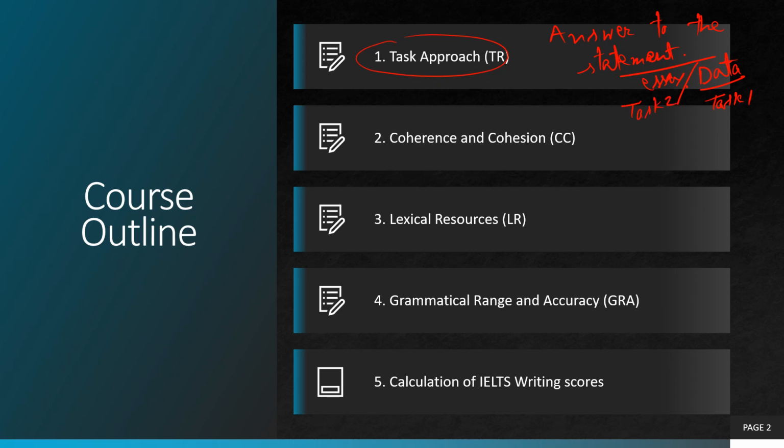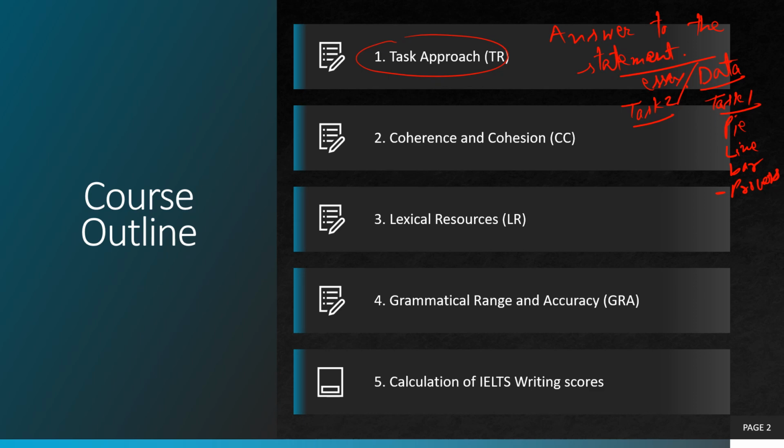In task 1, data can be provided in the form of a pie chart, line chart, bar chart, or it could be a process or flow chart. On the other side, task 2 is an essay.